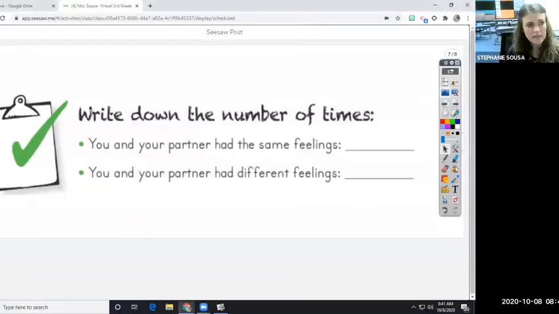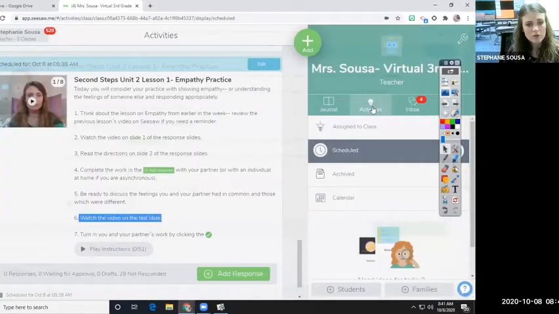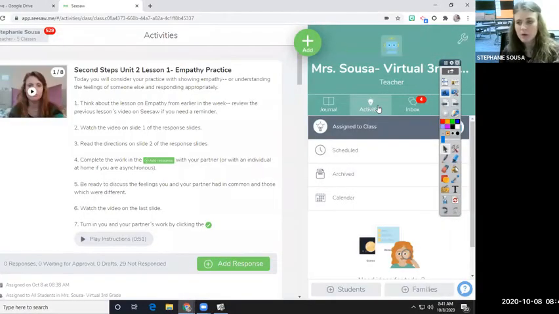Okay, awesome. So on Seesaw, you will have this inside of your activities now. So if you go to your activities on Seesaw, go ahead and do that now. It is right up top. It says Second Steps, Unit 2, Lesson 1, Empathy Practice. Go ahead and open up Seesaw in your background tab.